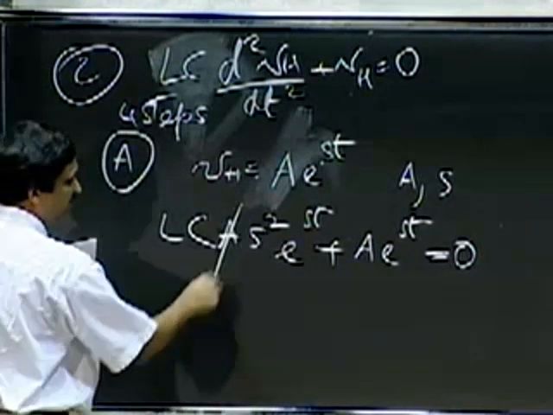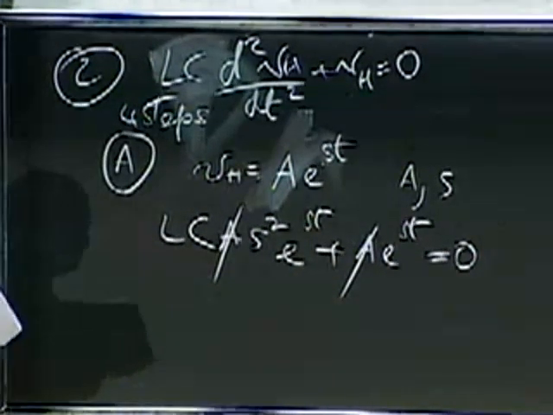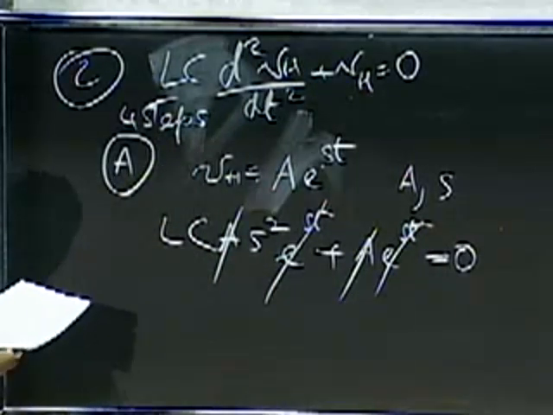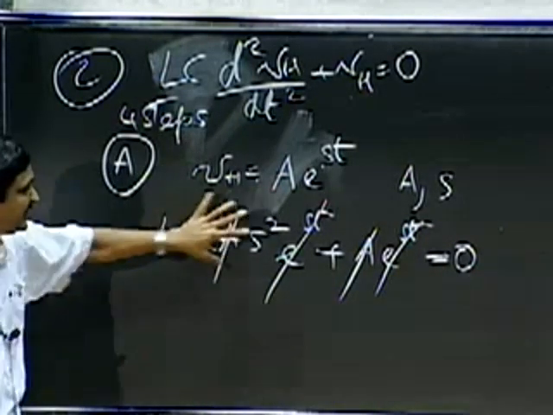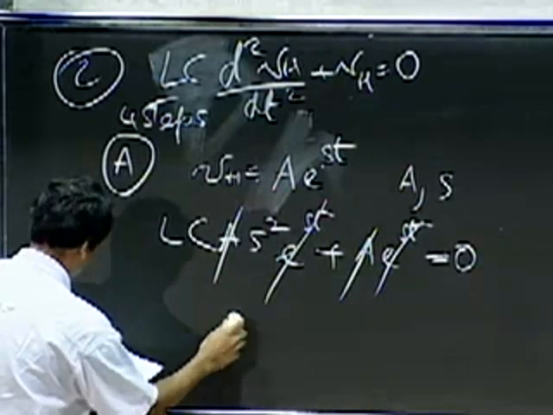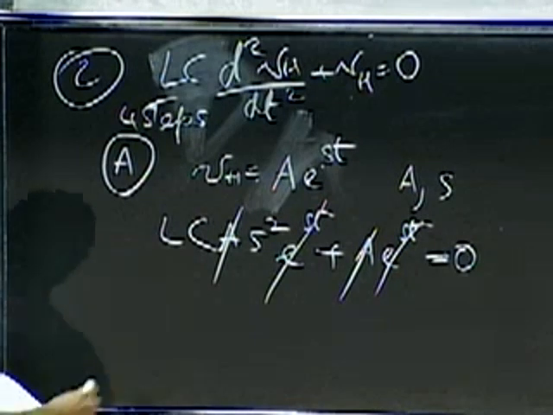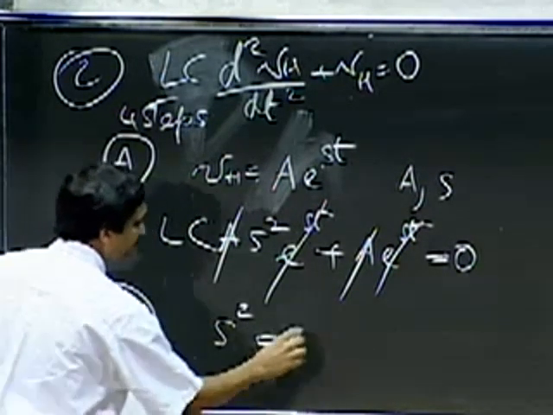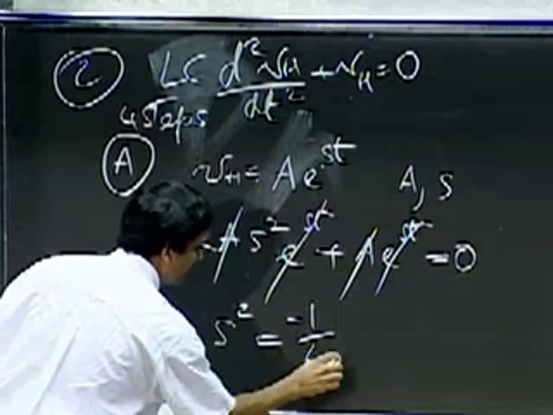Assuming I don't take the trivial case A equals 0, I cancel these out, and what I'm left with is simply LC s squared plus 1 equals 0. In other words, s squared is equal to minus 1 divided by LC.